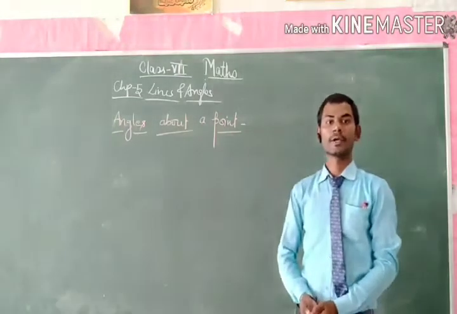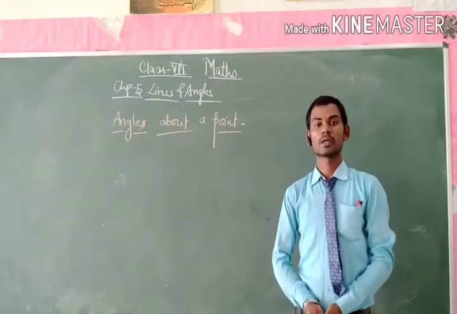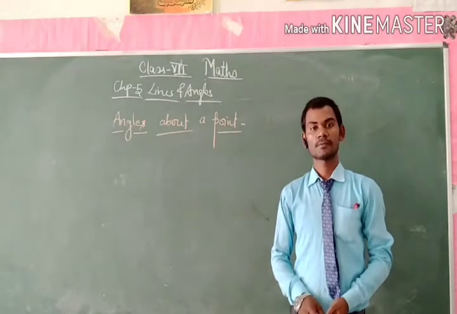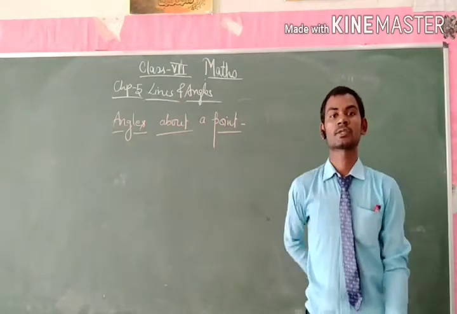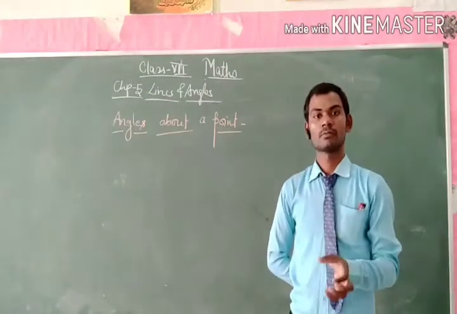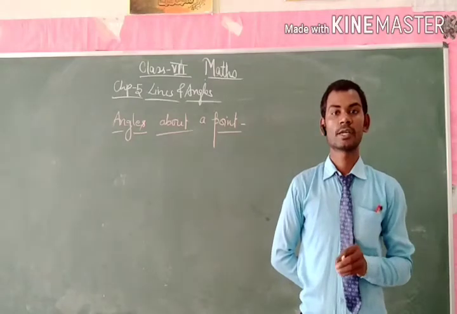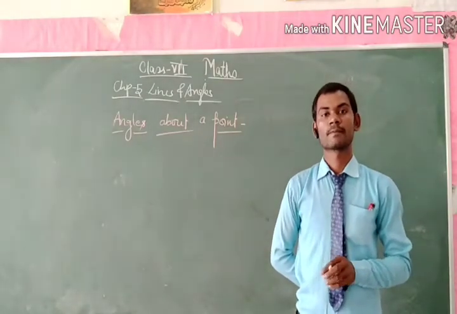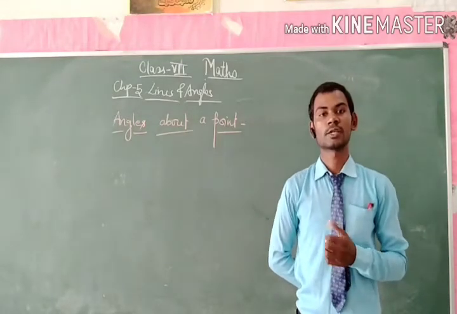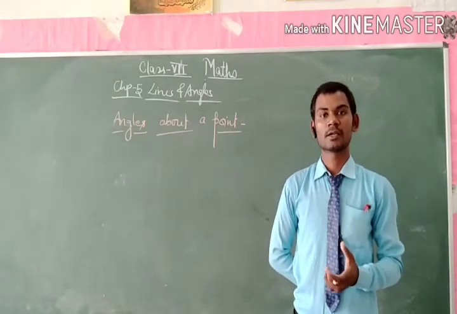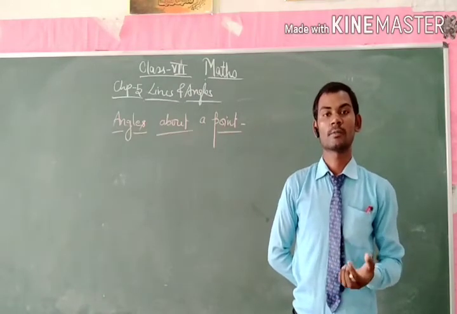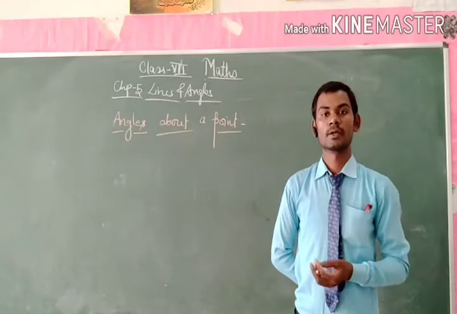That means here we assume four rays that all have the same common point or same initial point. Then the angle formed between them at the vertex, if the sum of all angles is equal to 360 degrees or a complete angle, then we say that the angles that are formed are about the point.